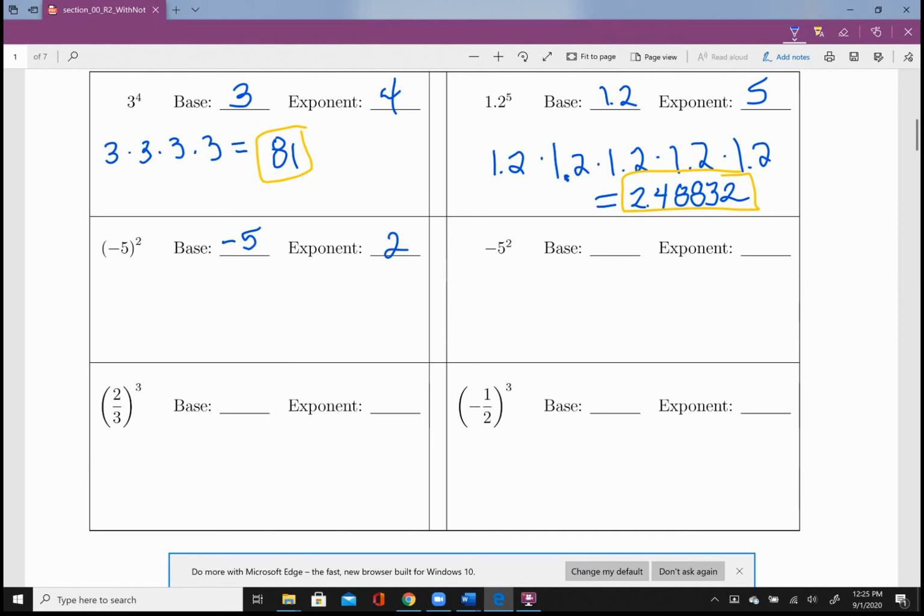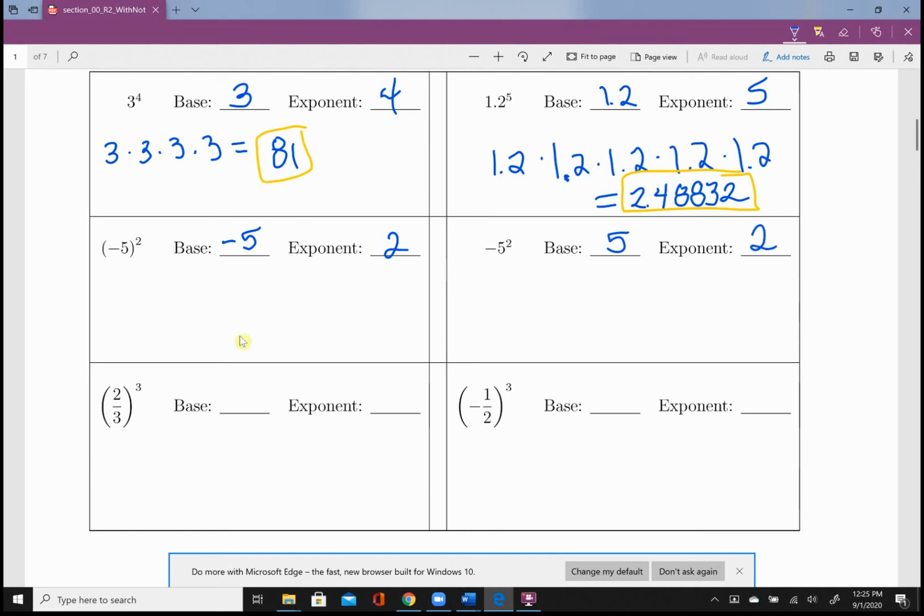Now notice that this negative base, the negative sign is inside some parentheses. That means that the negative sign is associated with the base. Moving over to the next example, just to the right of it, notice that there are no parentheses. And in this case, you would say that the base is 5, exponent is still 2. Now why is that?